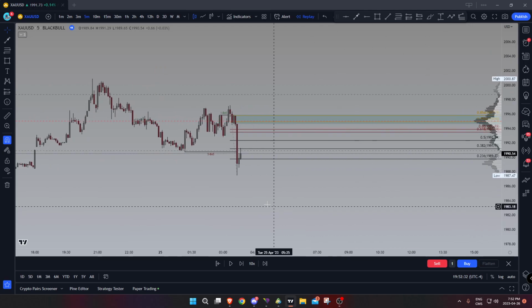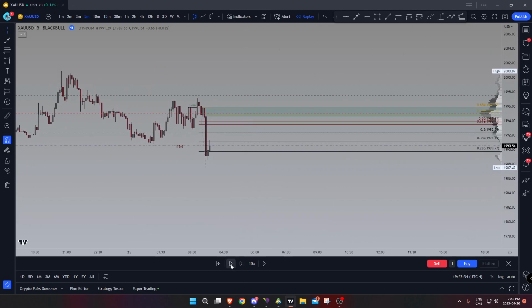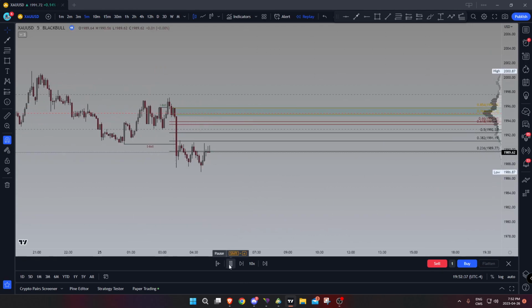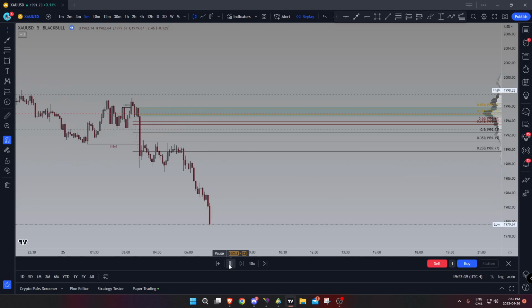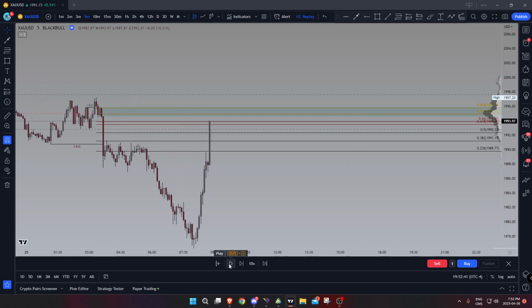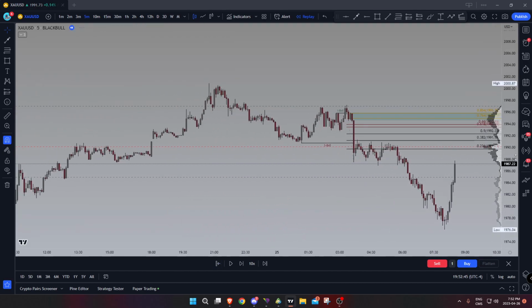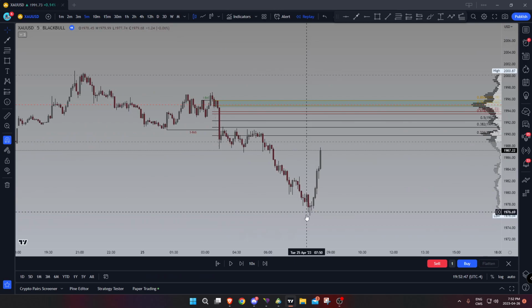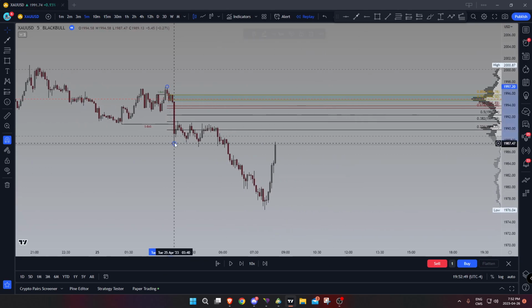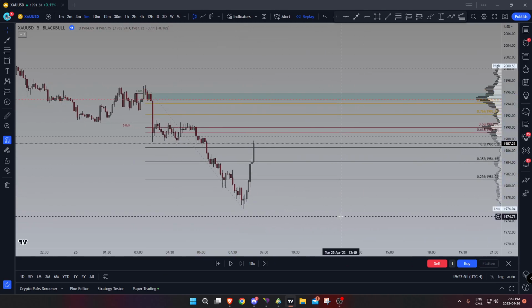Let's just play this out. If I remember right, it goes lower. Yes, it does. All right, so let me just back this here. Now that we got our swing low created with this push, we draw our Fibonacci tool right there.